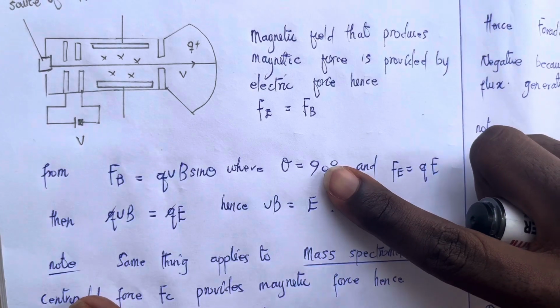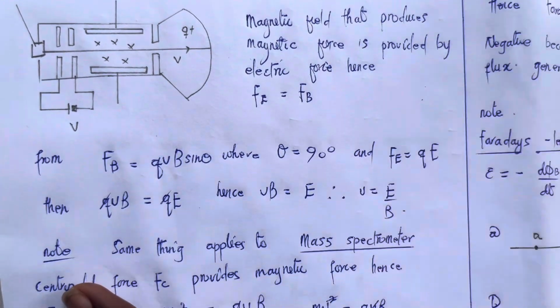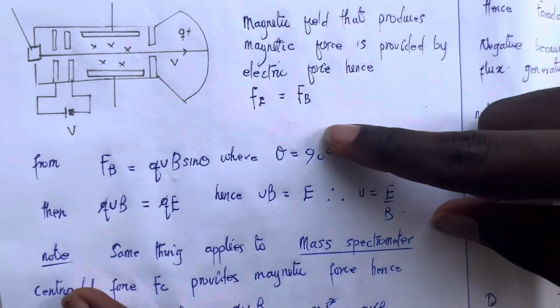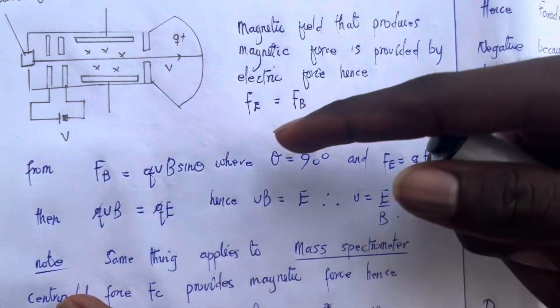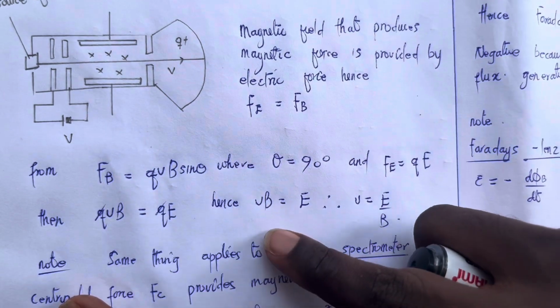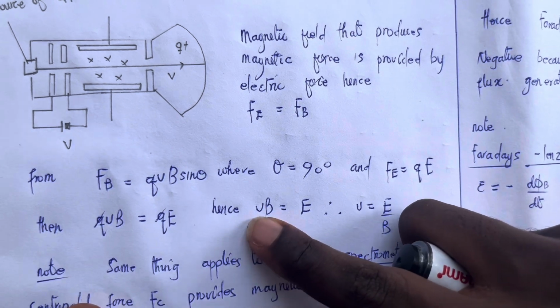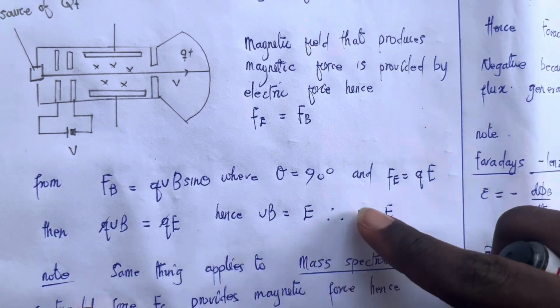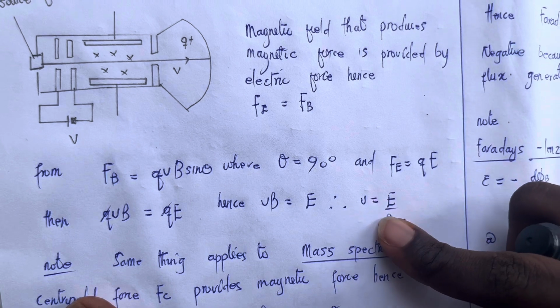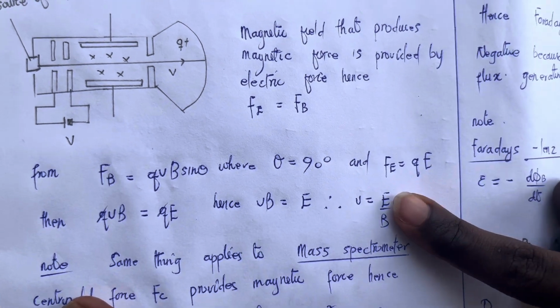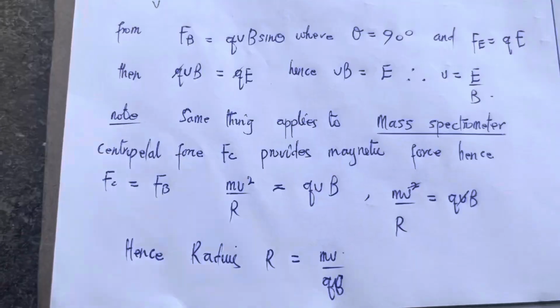This means that the charge is not important in the equation for the velocity of a particle passing through the fields. So VB is equal to the electric field E. If you want to find velocity, then velocity is equal to the electric field divided by the magnetic field B.